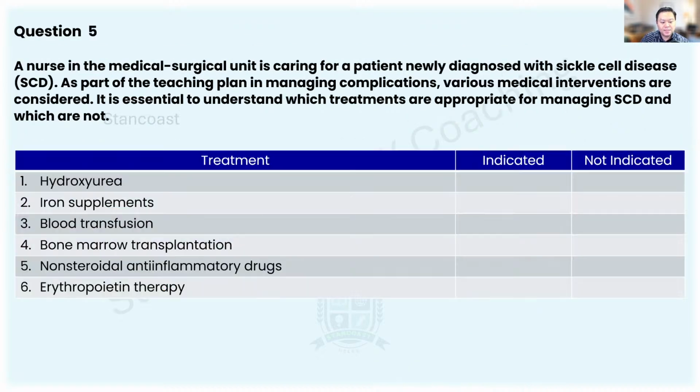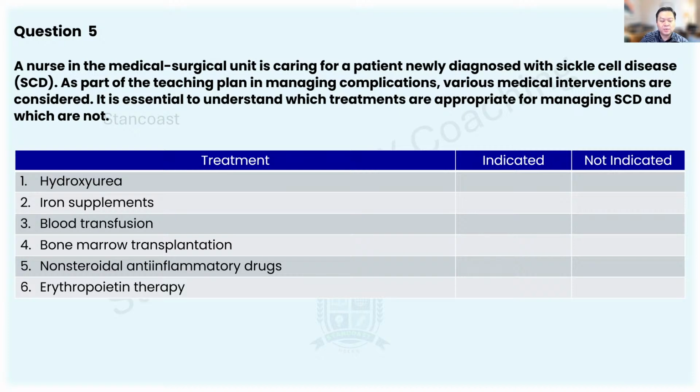Okay. Let's talk about number 5. A nurse in the med-surg unit is caring for a patient newly diagnosed with sickle cell disease. As part of the teaching plan in managing complications, various medical interventions are considered. It is essential to understand which treatments are appropriate for managing SCD and which are not. So here we go.